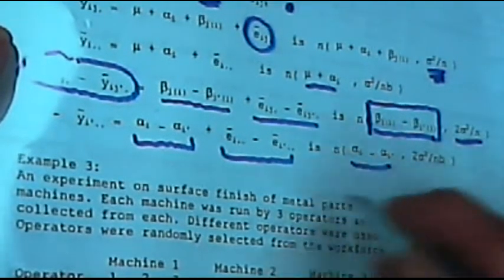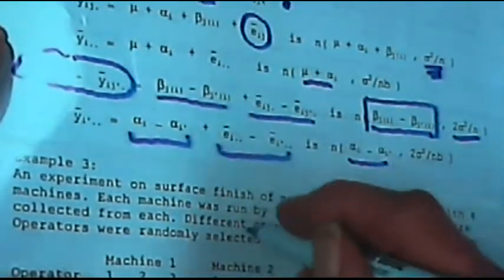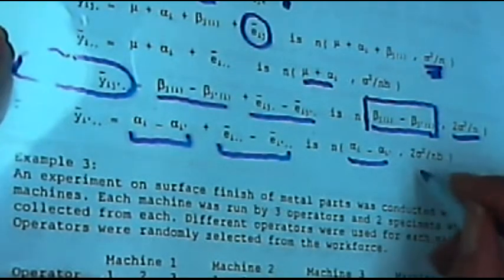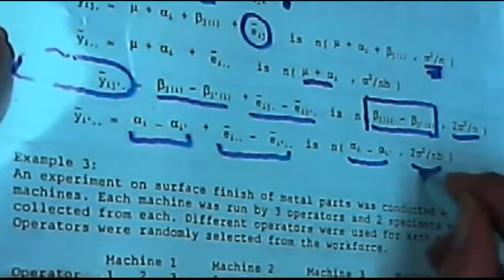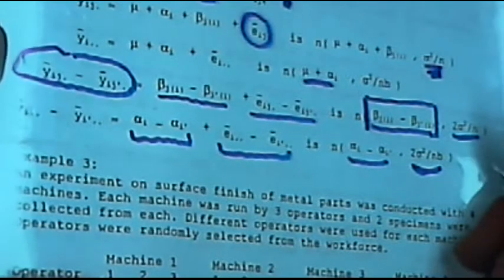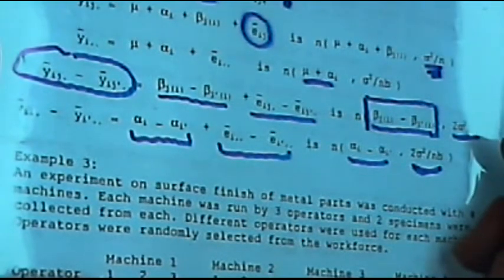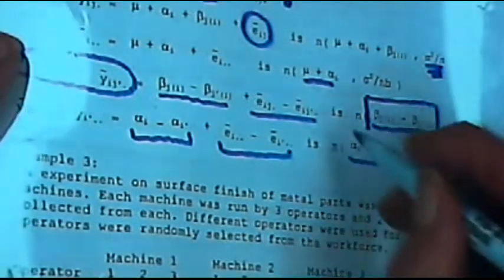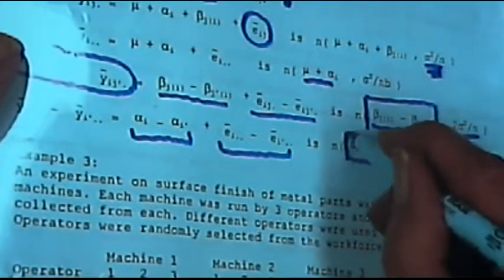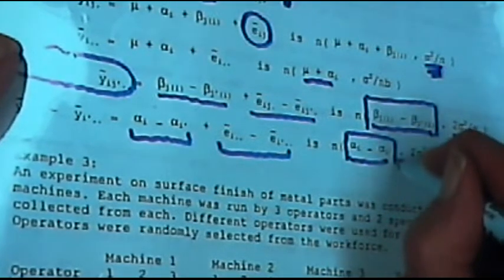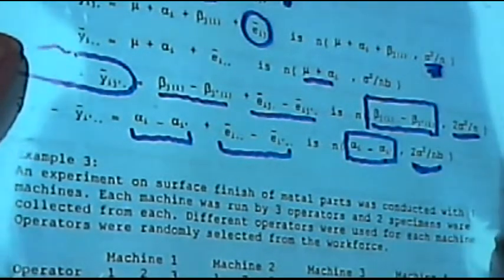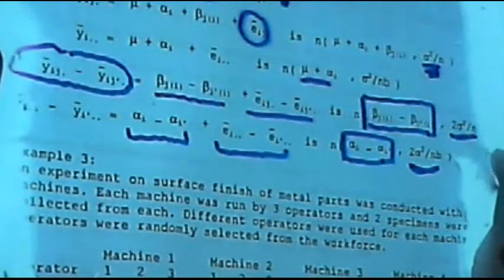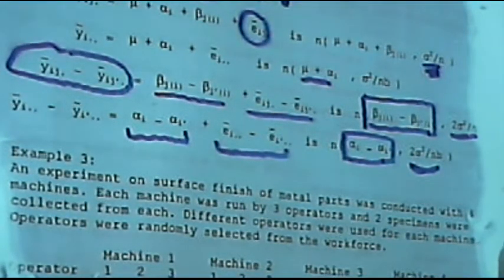And then the difference of the e bars is normal with mean 0 and variance 2 sigma squared over nb. So this line would be useful if we wanted to make an inference about the difference between two alpha parameters. This line would be the line we would use.